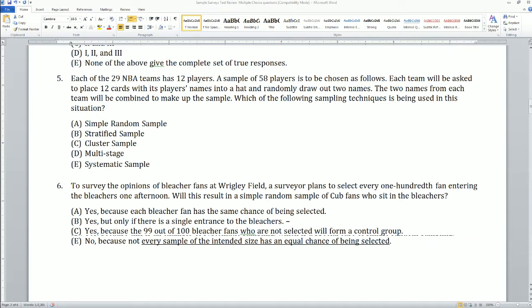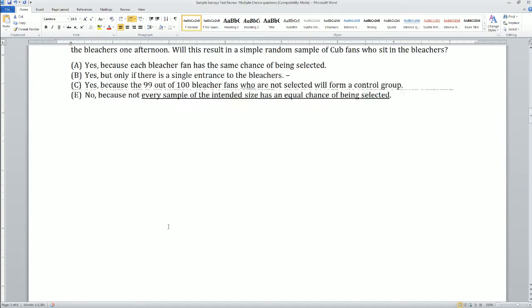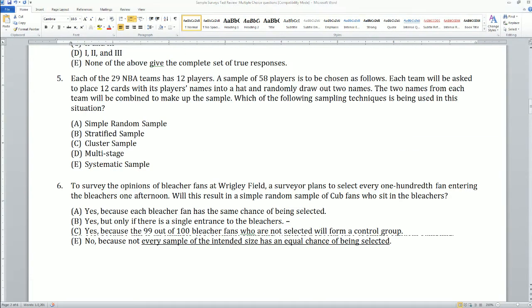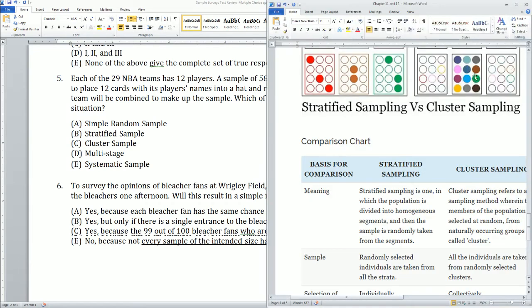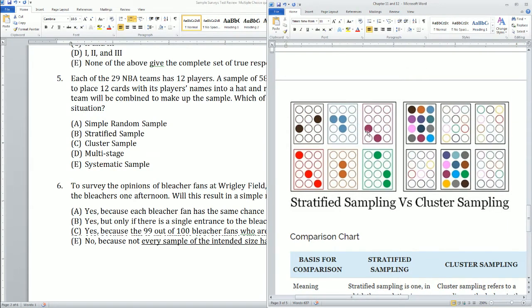Is it cluster or stratify, and why? I would say cluster. So you see what's on the screen, right? That picture we were looking at? I mean stratify. Why stratify? Because you have the 29 teams with 12 players, and you put 12 players in and you randomly choose out two names.